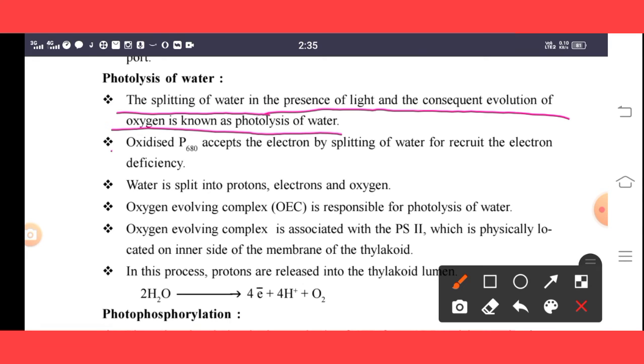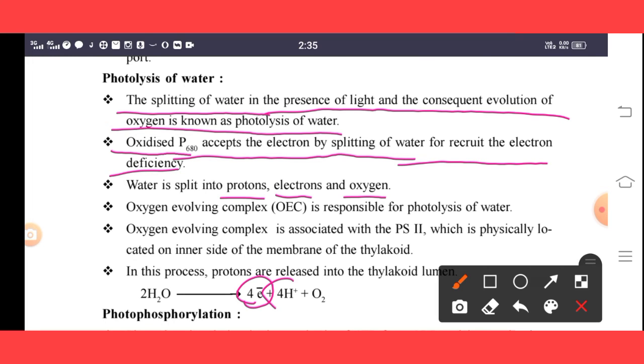The oxidized P680 accepts electrons by splitting of water to recruit the electron deficiency. So water is split into protons, electrons and oxygen. The oxygen evolving complex is mainly responsible for photolysis of water.